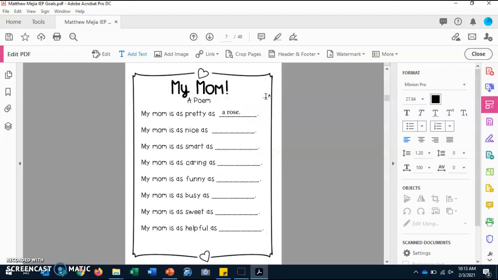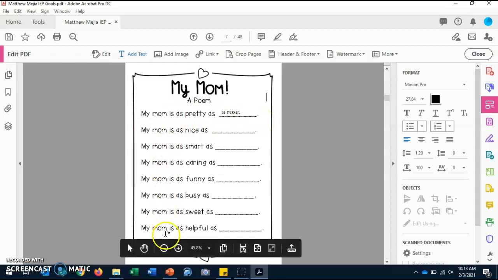I love them, so I'm going to put, my mom is as pretty as a rose. Roses are very pretty and very nice, so that is my simile. And that is what you are going to do for all of them. You are going to compare your mom to something else.